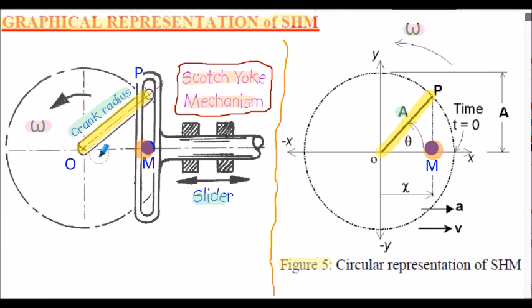And of course, as the crank moves one complete revolution, so point M moves horizontally with simple harmonic motion. So the slider here is moving with simple harmonic motion. A nice analogy between the graphical model that represents simple harmonic motion and a mechanical mechanism where the slider moves with simple harmonic motion.